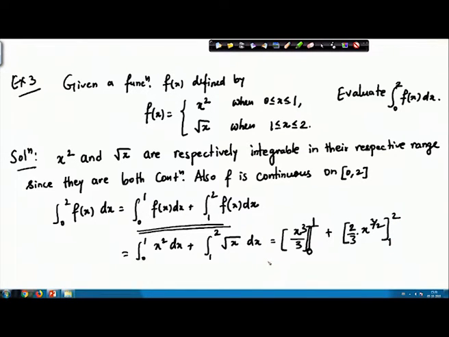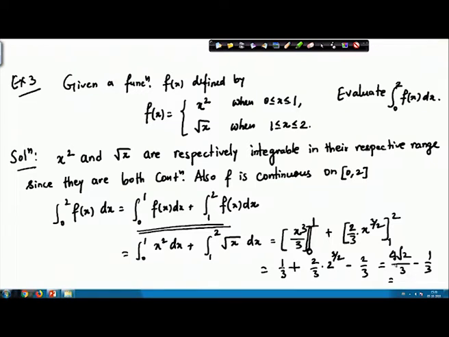Then we can calculate these, and after calculating we will obtain 1 by 3 plus 2 by 3 times 2 to the power 3 by 2 minus 2 by 3. So this will be, I believe, 4 root 2 by 3 minus 1 by 3.